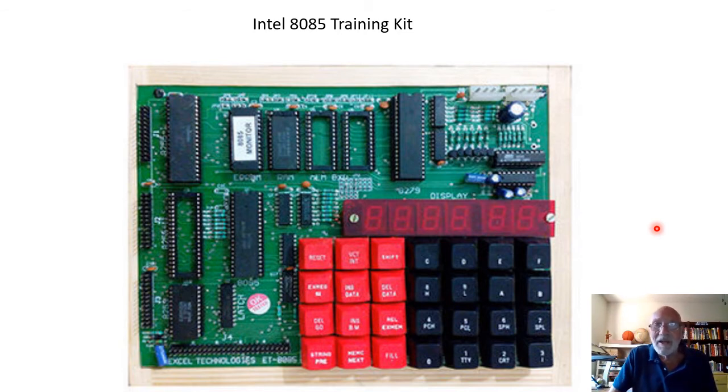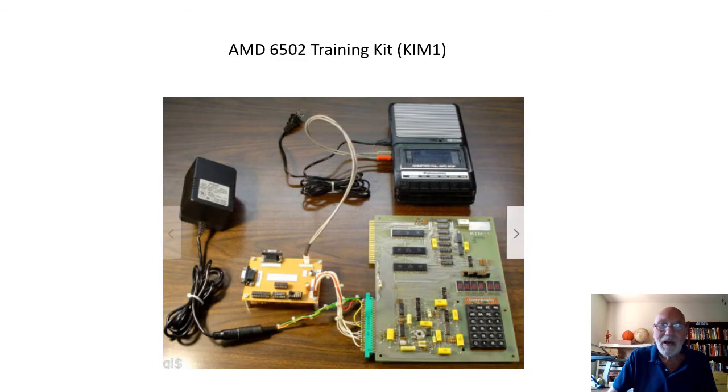So you're kind of limited in what you can do with 256 bytes, but it was a start. Here's the KIM-1. Besides all this, just like the 8085 had, they had added a little bit of logic here to drive a cassette recorder. So you could save data or you could load data from the cassette recorder into the computer. And that helped a lot.